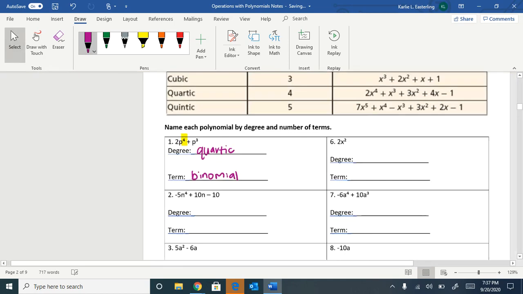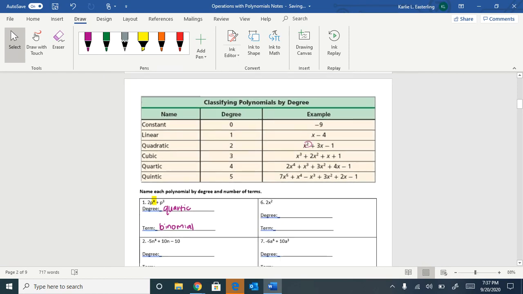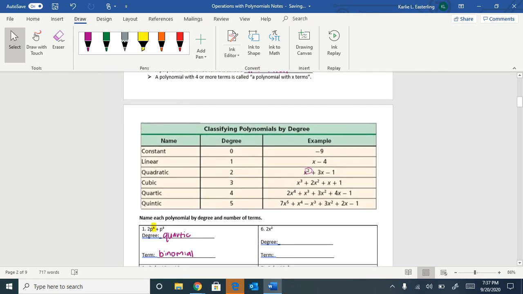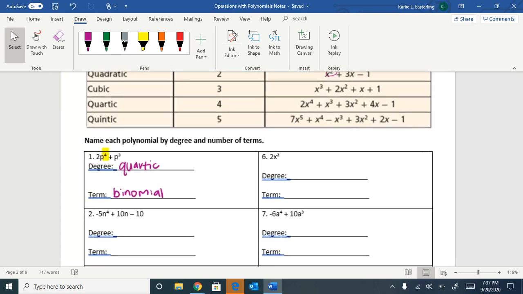If you're confused about where I'm getting these words from, degree is up here, and our highest degree is 4, so it is a quartic. And when we were talking about terms on the previous page, if it has 2 terms, it is called a binomial. So you're going to need to remember these for your test on this unit. You're going to have to be able to classify these by their degree and their number of terms.